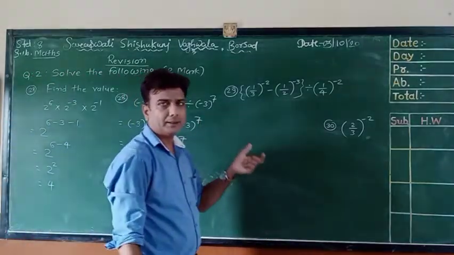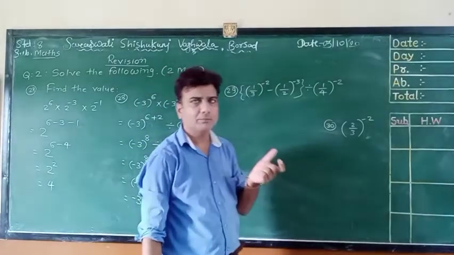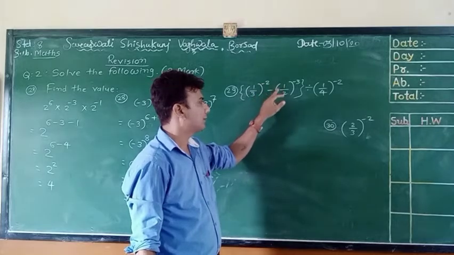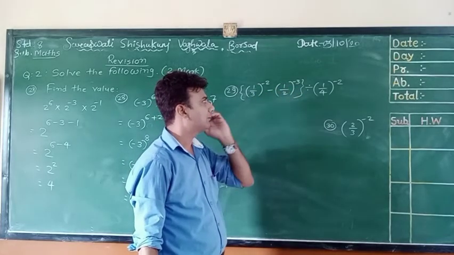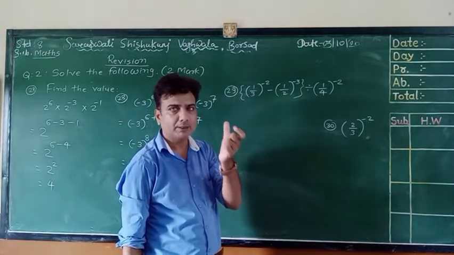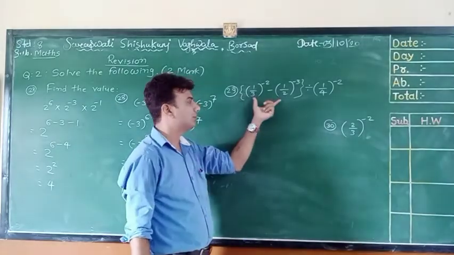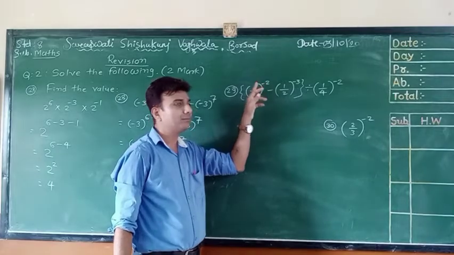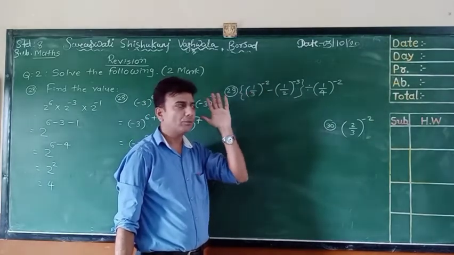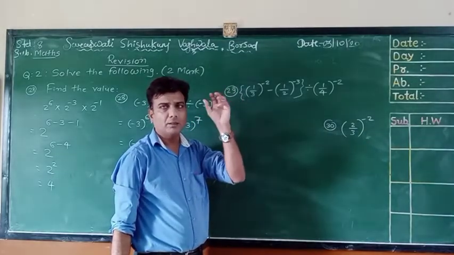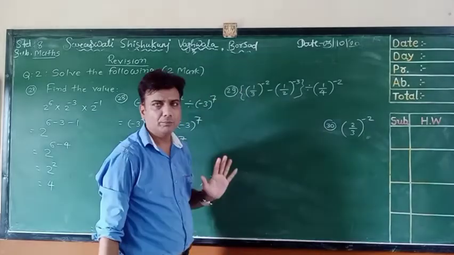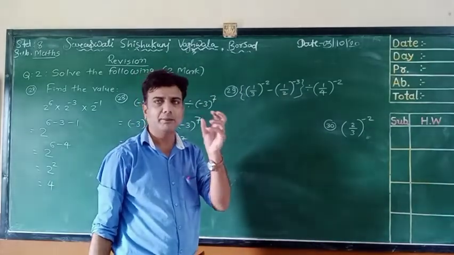In this question 29, we have 1 by 3 raised to minus 2, minus 1 by 2 raised to minus 3, divided by 1 by 4 raised to minus. First of all students, we will simplify this curly bracket, and this power is given in negative form, so first we will convert it into positive. That means the numerator we write in the denominator and the denominator in the numerator, so its power will convert into positive.